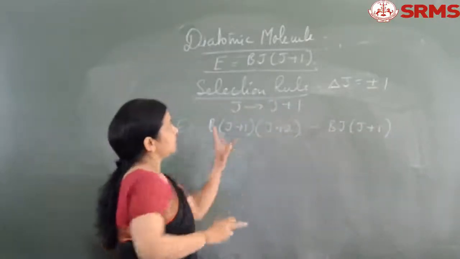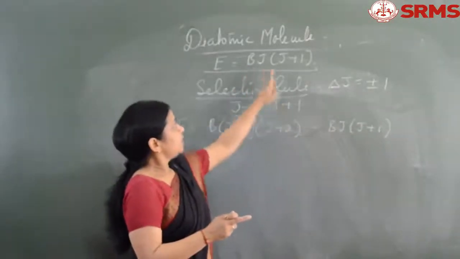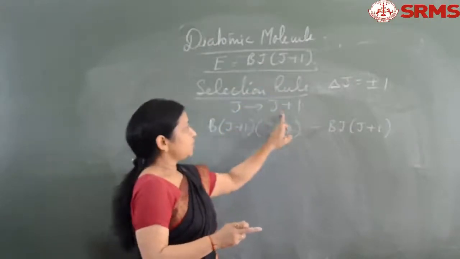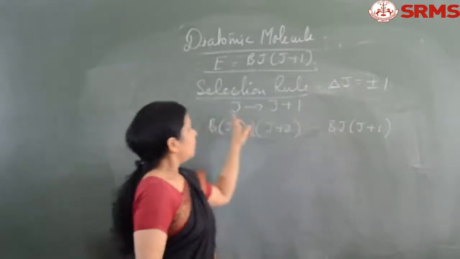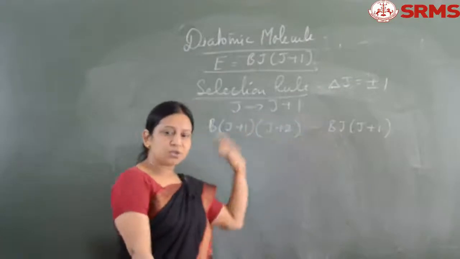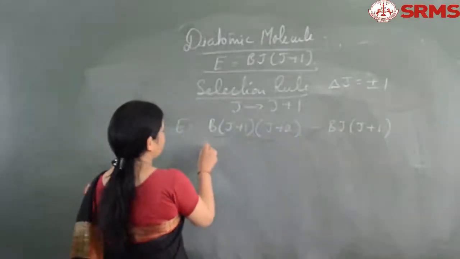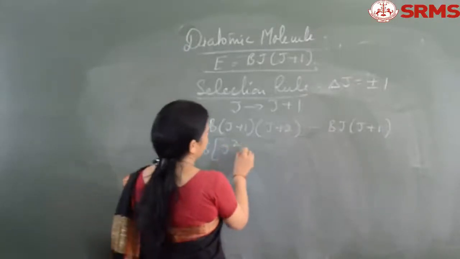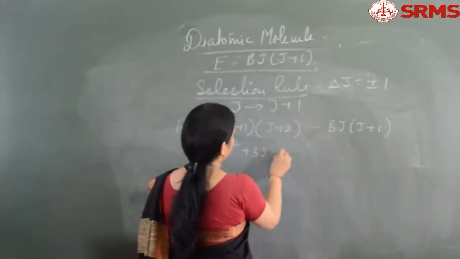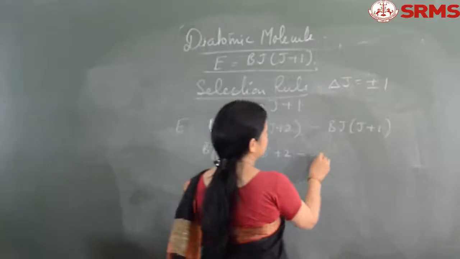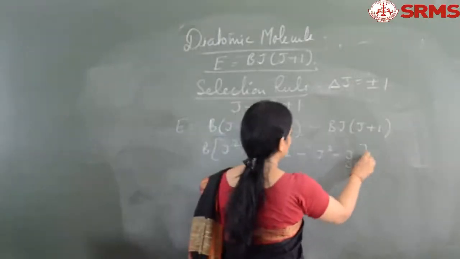This is the same equation where in place of J, I am writing J plus 1, and here I am writing J because the transition is taking place from J to J plus 1. If I solve it, J square plus 3J plus 2 minus J square minus J.